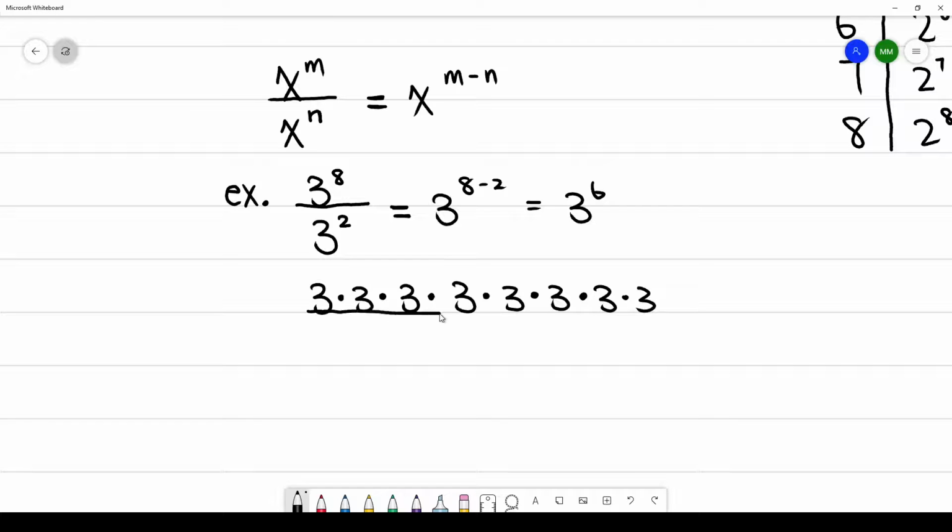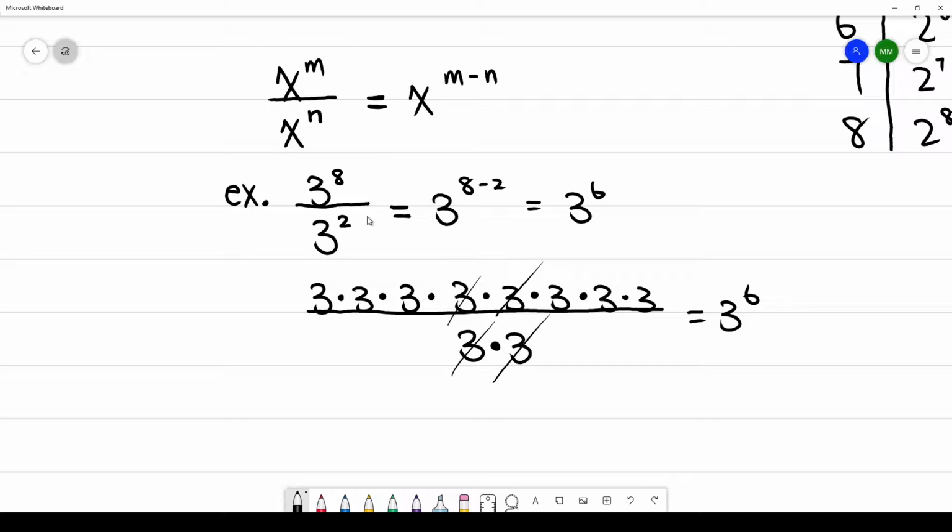And now I divide it by 3 to the 2, so that's 2 threes multiplied together. When you have division, and the top is the same as the bottom, you can cancel it out. So I cancel one 3 with one of the top threes, and another one with another one. So how many are left? 1, 2, 3, 4, 5, 6. There you go, 3 to the 6.